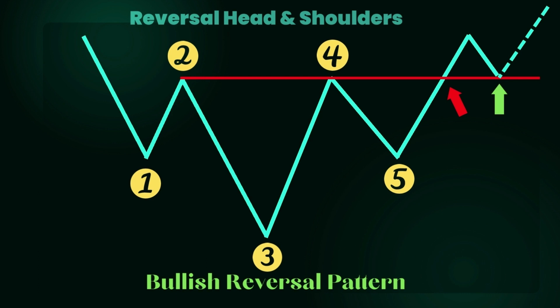Price breaks above the neckline, which, as previously stated, can be horizontal or sloped depending on where the previous highs and lows are located. Price retraces back to the neckline after breaking above it, and the optimal and logical stop-loss order is below number 5. That is because if the price breaks above the neckline, number 5 will become a confirmed demand zone, which will usually protect your stop-loss order.